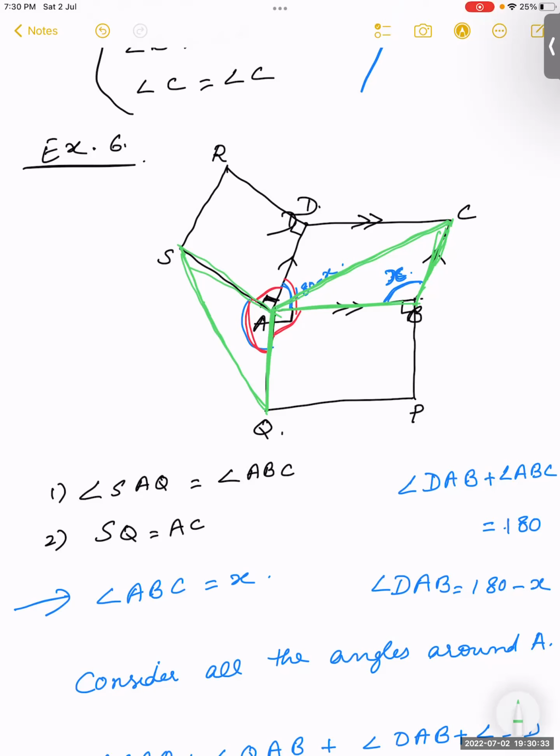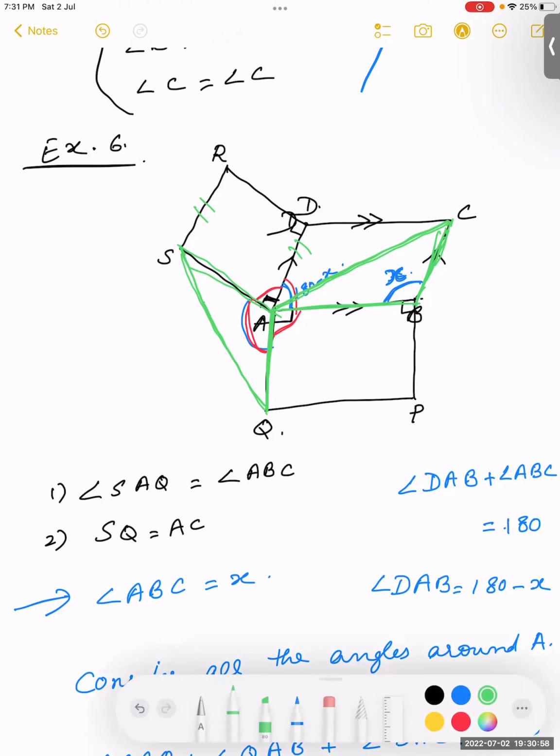Now the next thing I want to show you is, we know ADRS is a square, right? When ADRS is a square, this side and this side are going to be equal, is it not?